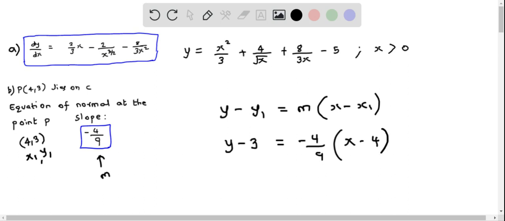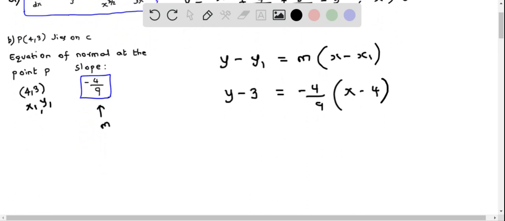So we can simplify this and give it in the form of ax plus by plus c equals 0. And for that we will multiply both sides by 9. So when you do that, this becomes 9 times y minus 3 quantity, equals negative 4 times x minus 4.